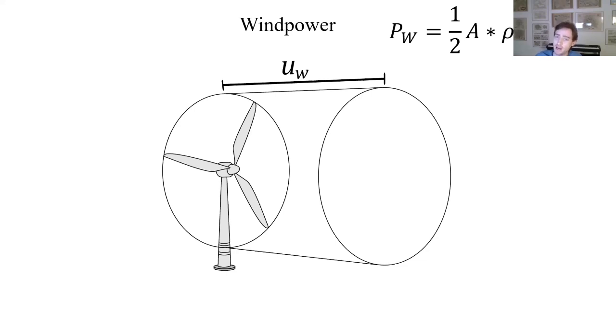In this case, the mass depends on the density of air and the volume, and the volume also depends on the wind speed. So we get the surface area covered by the blades, multiplied by the density of the air, multiplied by the wind speed to the third. So it's wind speed squared multiplied by an additional factor of wind speed, which determines the lengthwise component of the volume of air moving across the wind turbine.